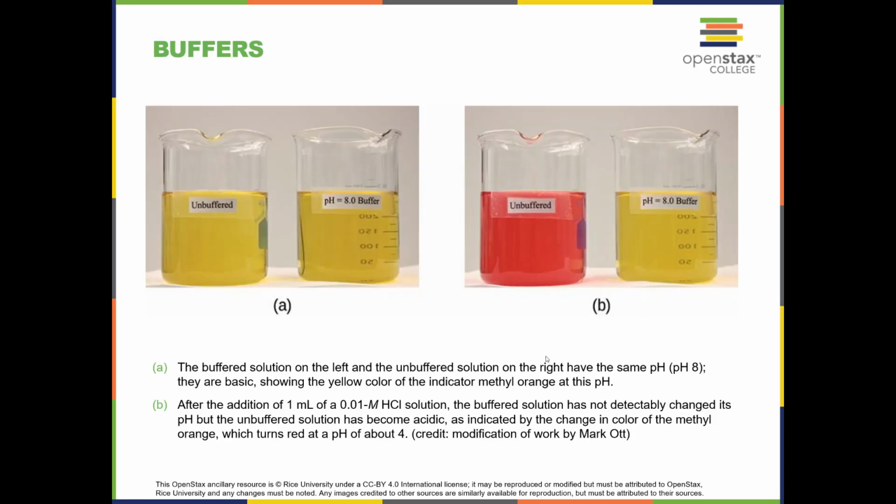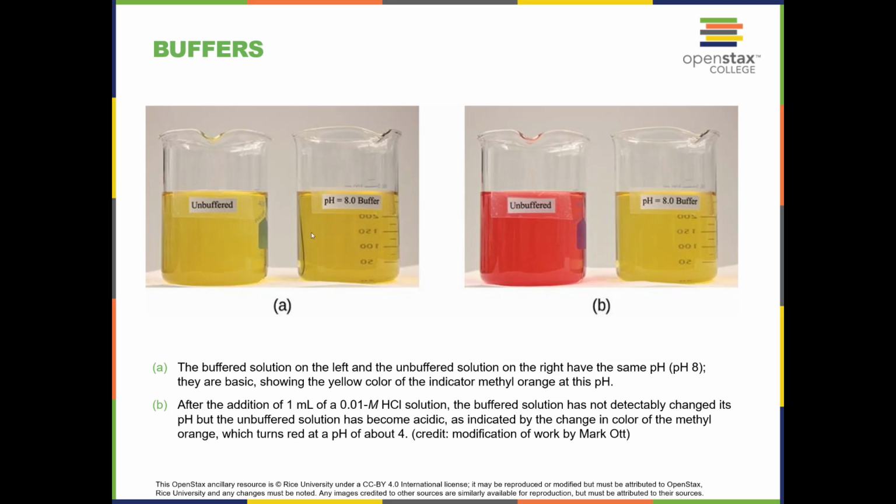As an example, buffers. All right, so here we have an unbuffered yellow solution, and here we have a pH 8 buffered yellow solution. We've added methyl orange indicator to that. If you recall, methyl orange indicator is going to change colors at low pHs. So it is yellow at these higher pHs, and it is red at lower pHs. We add 1 milliliter of 0.01 molar HCl solution.